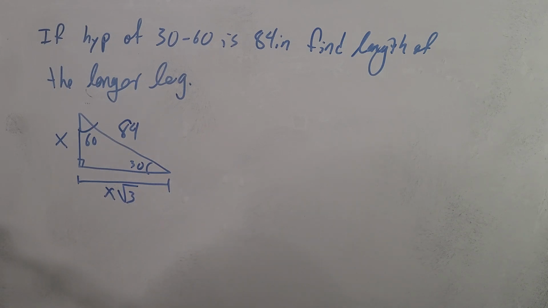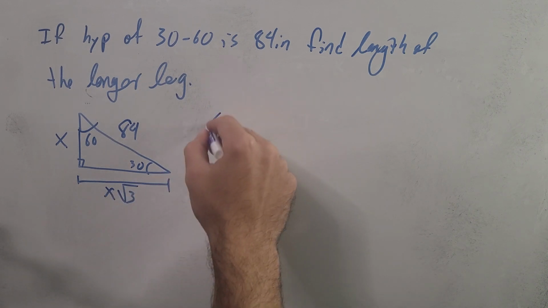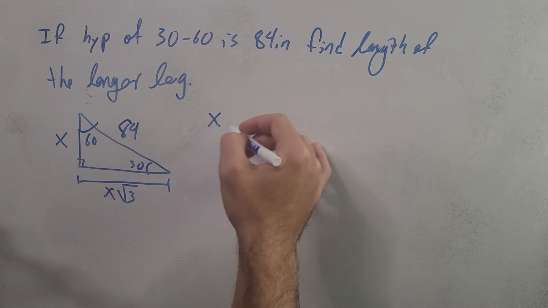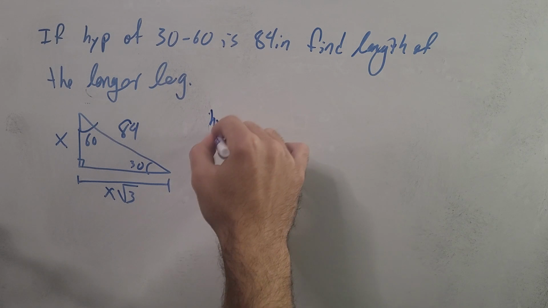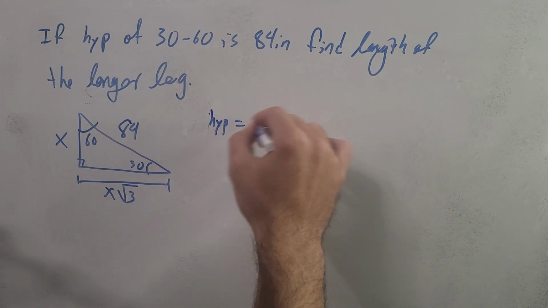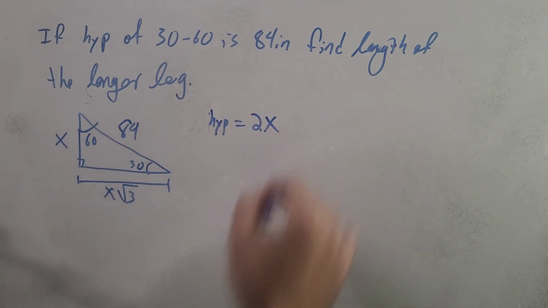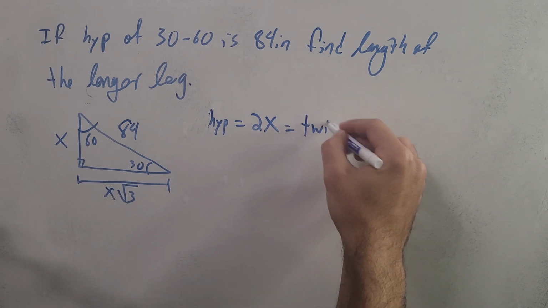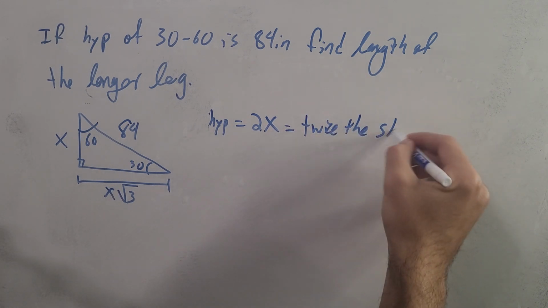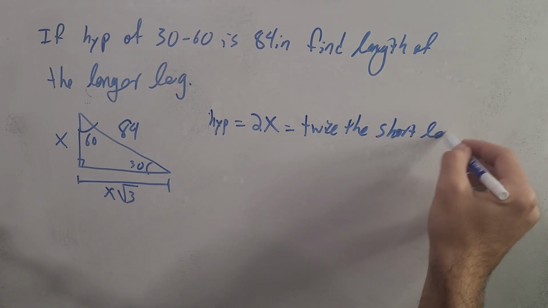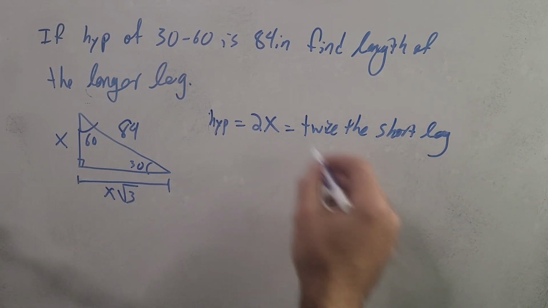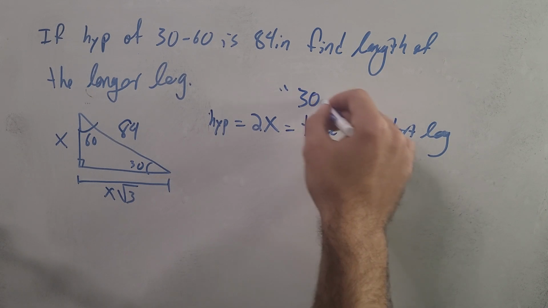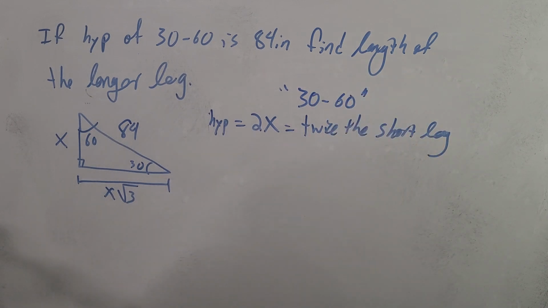All right, so what do I know about the value of x? I know that the hypotenuse is twice the length of the short side. The hypotenuse is twice the short leg. I want to reiterate, I know this only because it's a 30-60-90 triangle. That's the rule here.